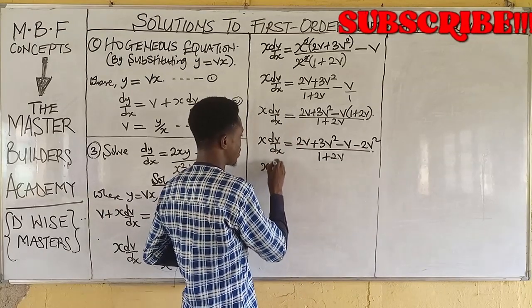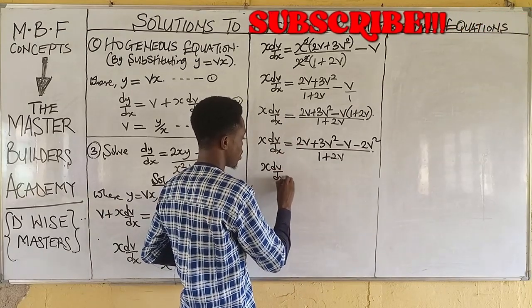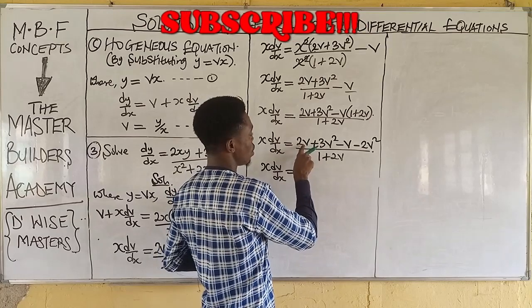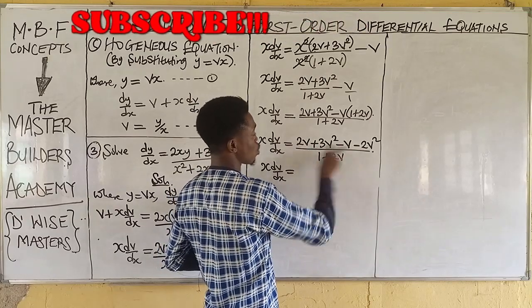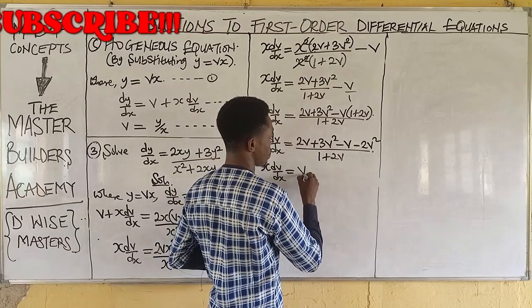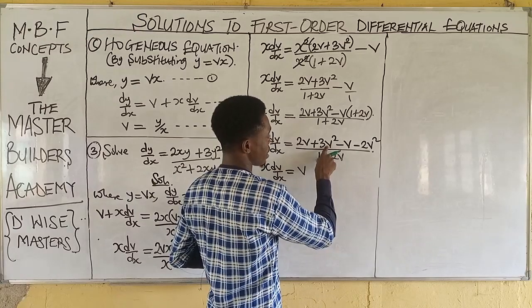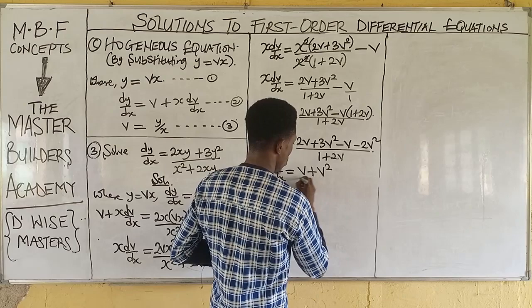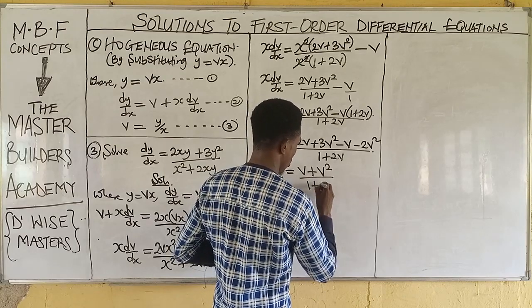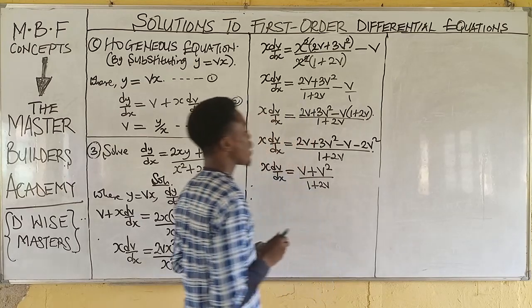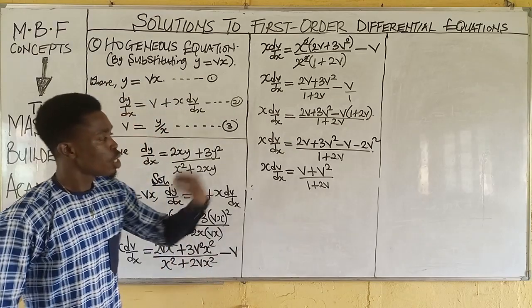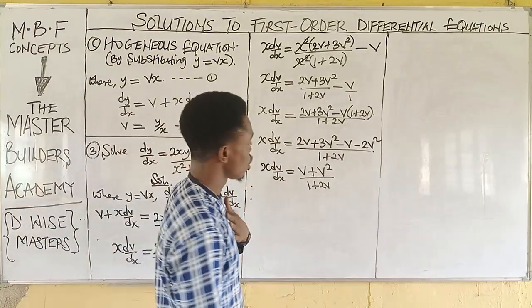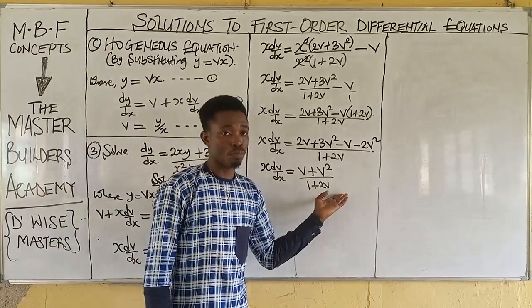Now guys, at this point we have dv over dx is equivalent to 2v minus v, this will have given us v, and 3v squared minus 2v squared, this will have given us v squared, all over 1 plus 2v. Now we have successfully simplified the right hand side to have only one denominator.